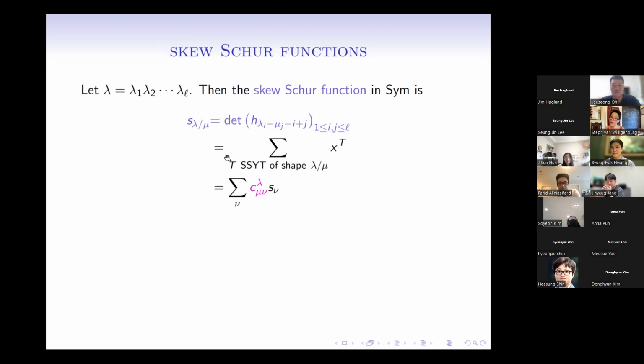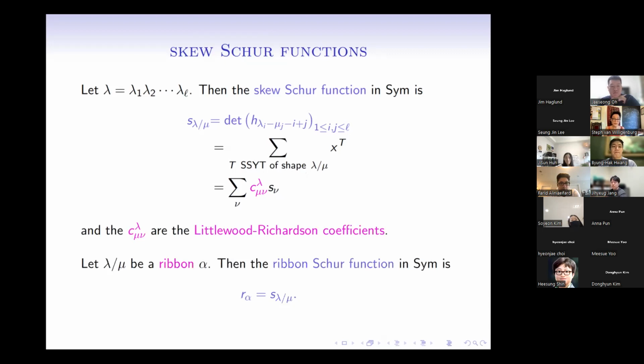Now you can also define it in terms of tableau. You're just going to take a semi-standard Young tableau, but now of shape lambda skew mu, make the monomials corresponding to it, and add them all up. And if you've got your Schur function S lambda skew mu, then we can write it as a sum of Schur functions S mu with some coefficients, and these coefficients are the well-known Littlewood-Richardson coefficients.